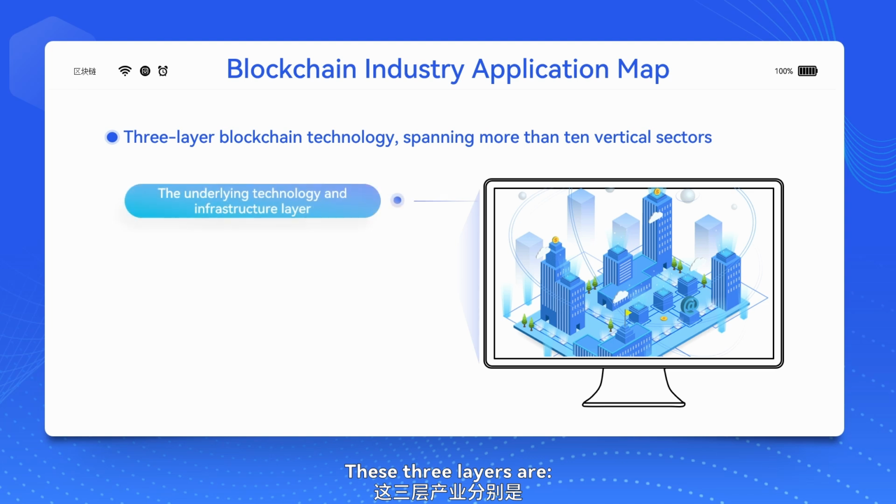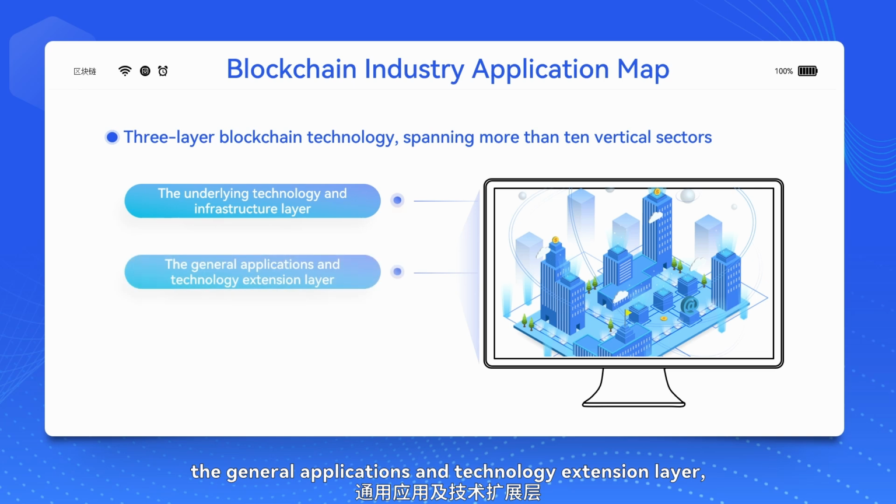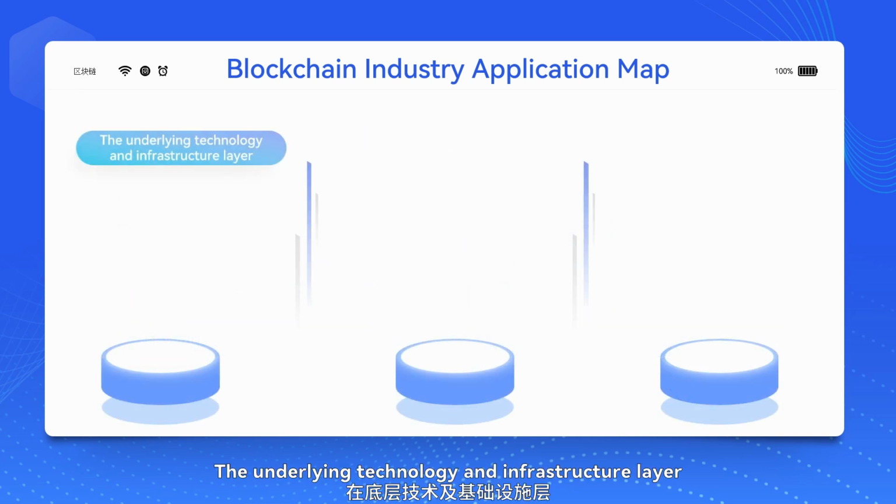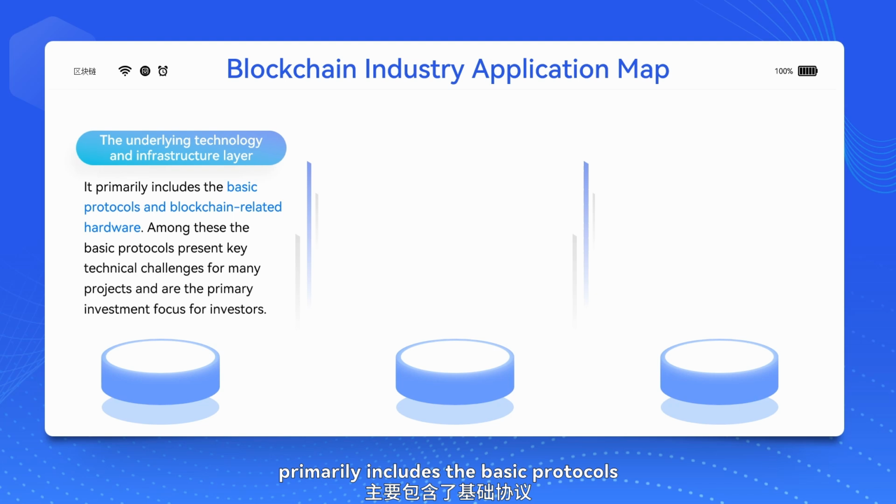These 3 layers are the underlying technology and infrastructure layer, the general applications and technology extension layer, and the vertical industry application layer. The underlying technology and infrastructure layer primarily includes the basic protocols and blockchain-related hardware.